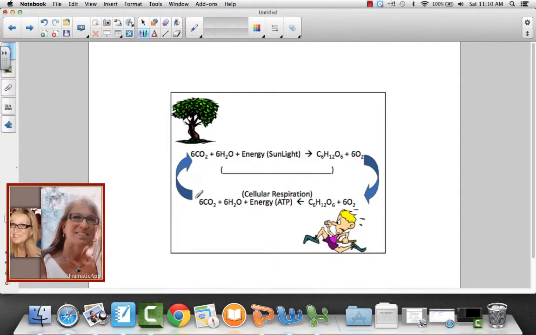Just to recap, carbon dioxide and water plus energy from the sun yields glucose and oxygen. This is photosynthesis. Cellular respiration is the opposite of that. It is glucose and oxygen yielding carbon dioxide, water, and a whole lot of energy.